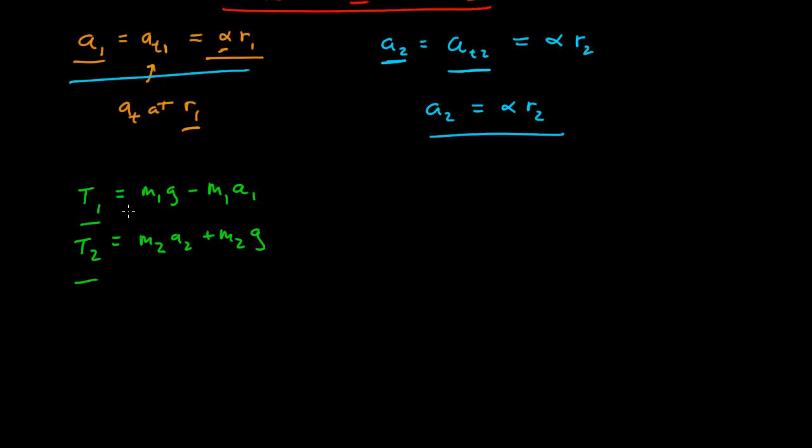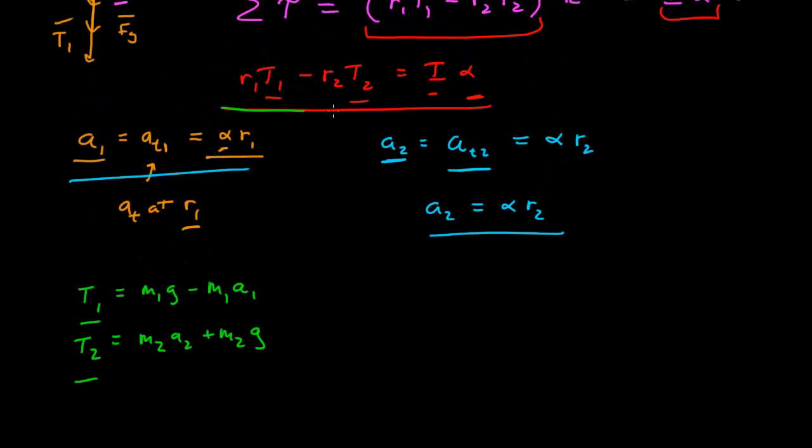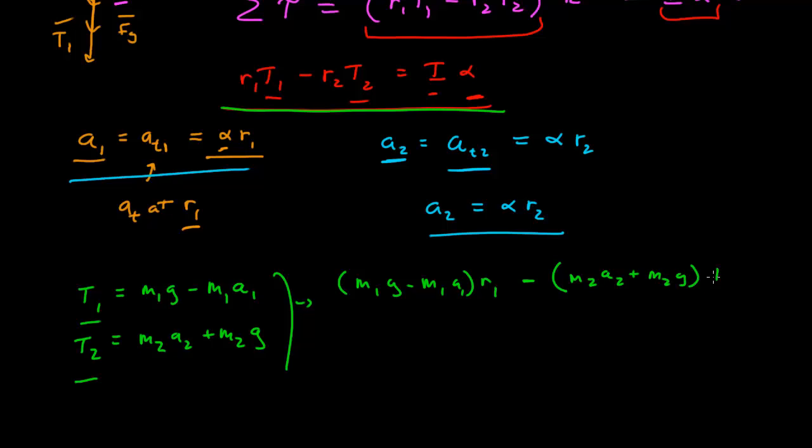Now I can substitute both of these into this expression, and I get (m1g minus m1a1) times r1 minus (m2a2 plus m2g) times r2 is equal to I alpha.